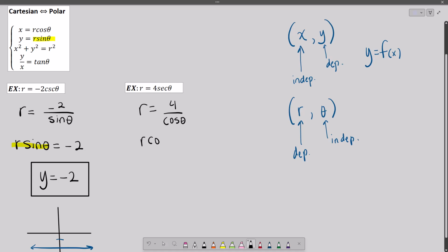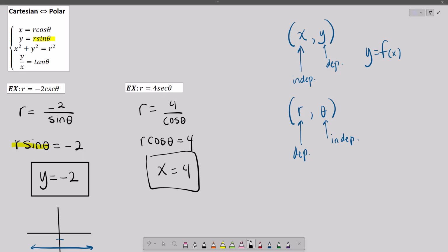But if we multiply both sides here by cosine, we get that this is what vertical lines look like. Vertical lines are constant times secant. So that's what a vertical line looks like in polar. R equals -5 secant would be the vertical line at -5.